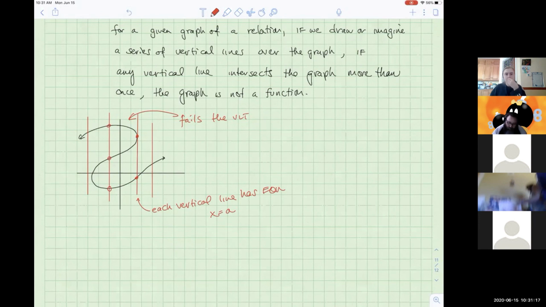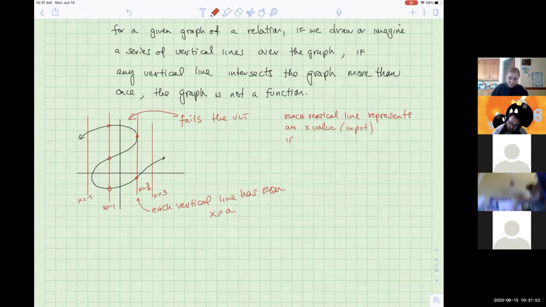So this might be x equals -1, and this might be x equals 3/2, and x equals 3, and x equals -3. And you're systematically checking all these vertical lines. And so each vertical line represents or corresponds to an x value, an input.